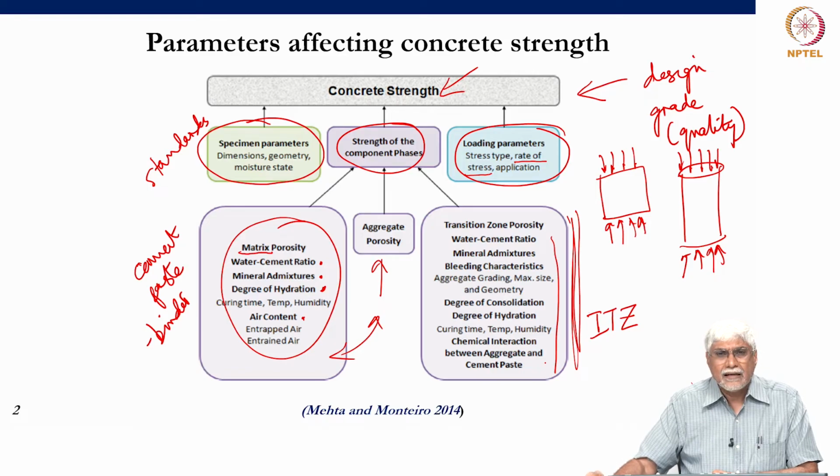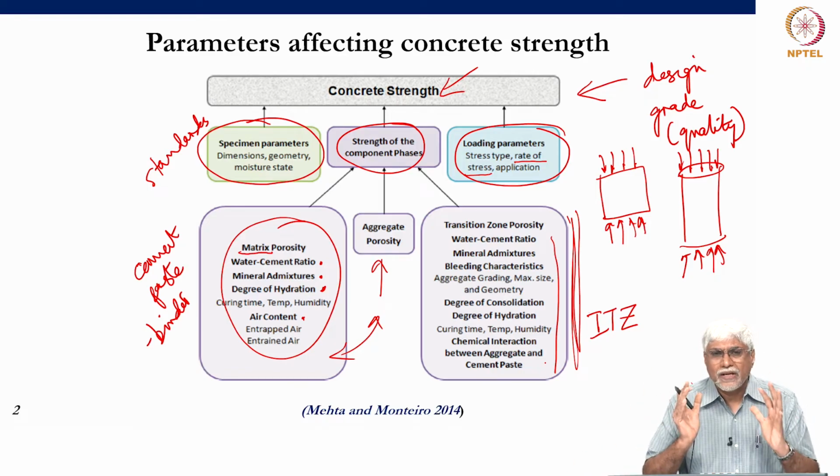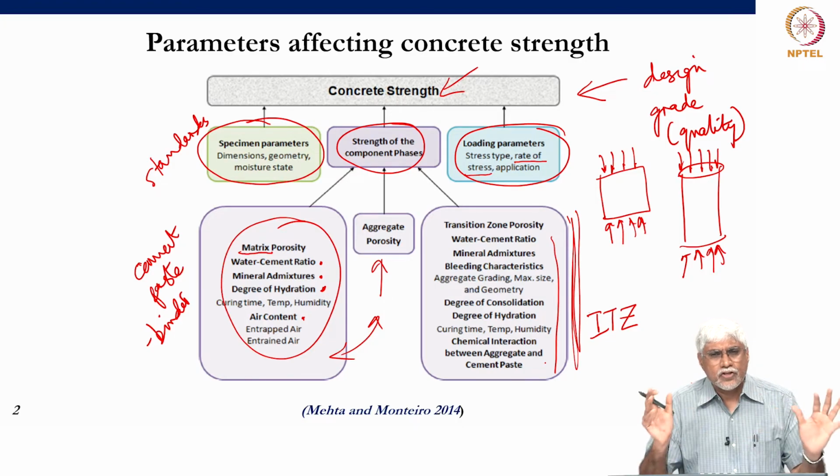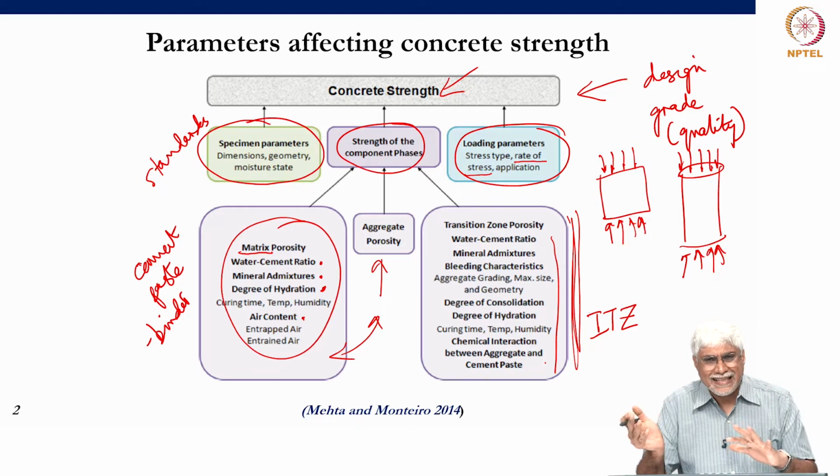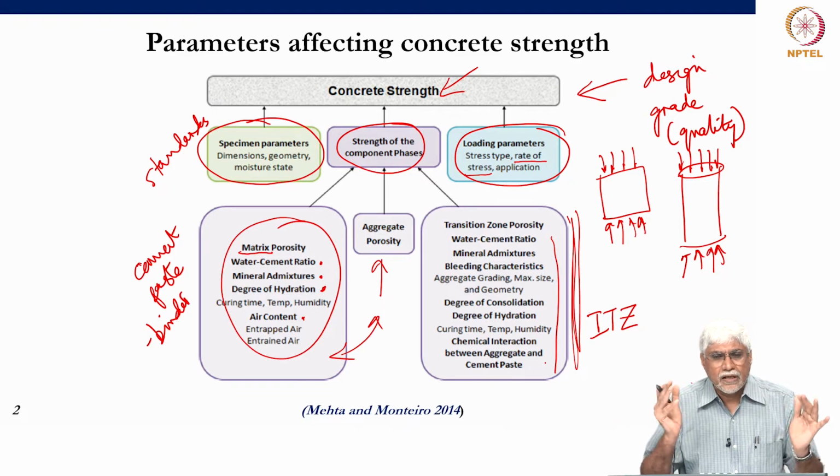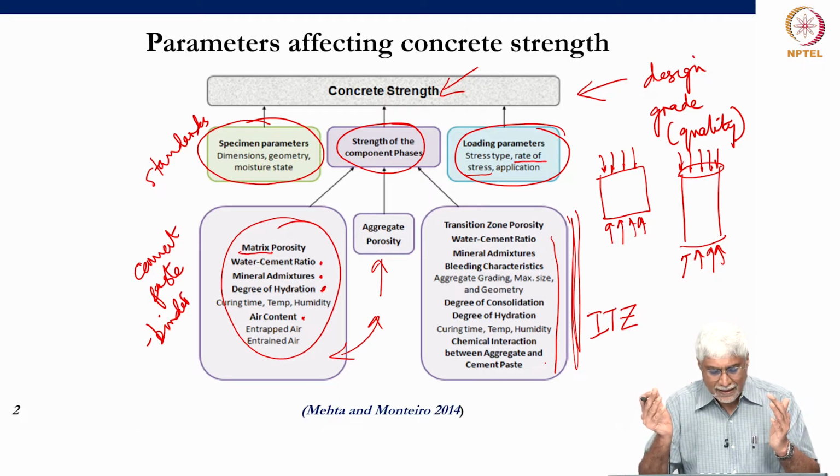Now, we can start to imagine, suppose we have recycled concrete aggregates instead of pristine aggregates. Let us assume that the matrix is exactly the same, but we have substituted pristine natural aggregates with recycled concrete aggregates.